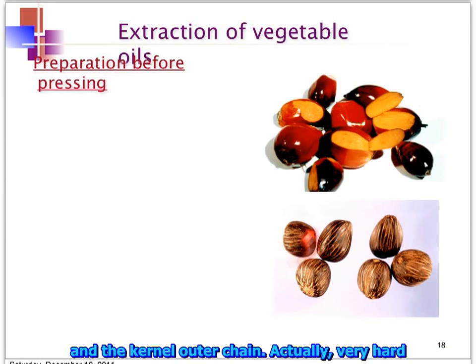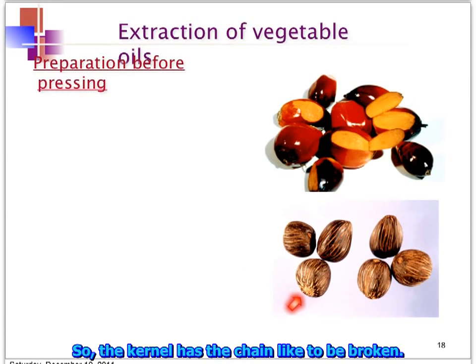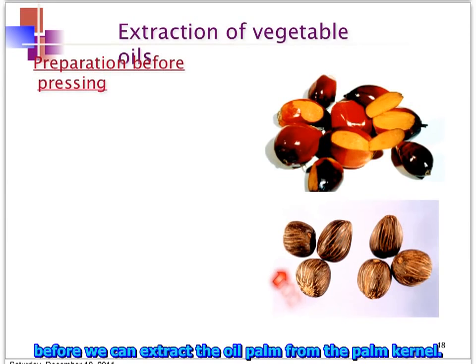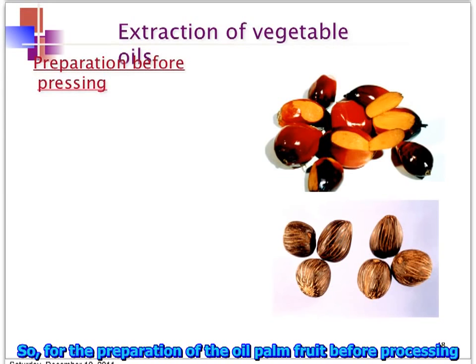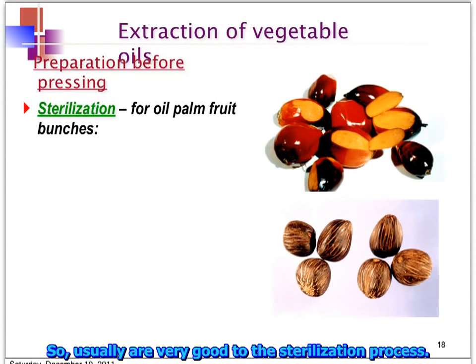The outer shell of the kernel is very hard, so to get into the white flesh inside, the shell has to be broken before we can extract the oil from the palm kernel. For the preparation of the oil palm fruits before processing, they usually go through the sterilization process.